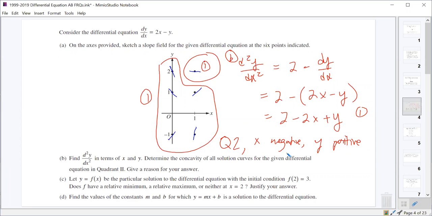Okay, so 3 positives certainly is greater than 0. 2 minus 2x plus y is always greater than 0 for x less than 0, y greater than 0. And just an explanation of that, a basic enough explanation as to what I just did there, is good enough.